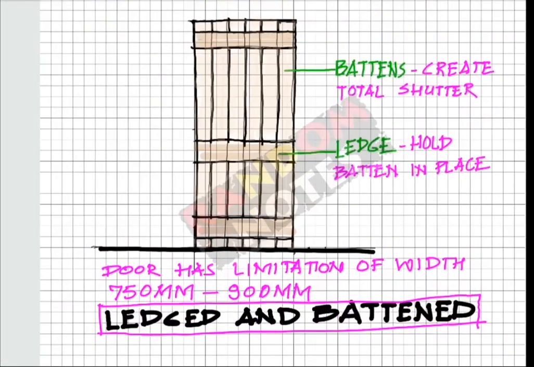Let us understand the details of this door along this section line. In a shutter, the ledges and the brace can be on any of the faces of the shutter, but both the conditions will require different treatment. Let us understand these.